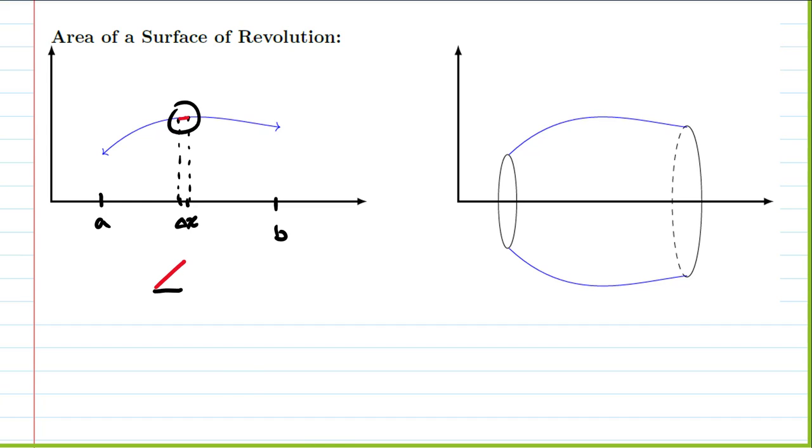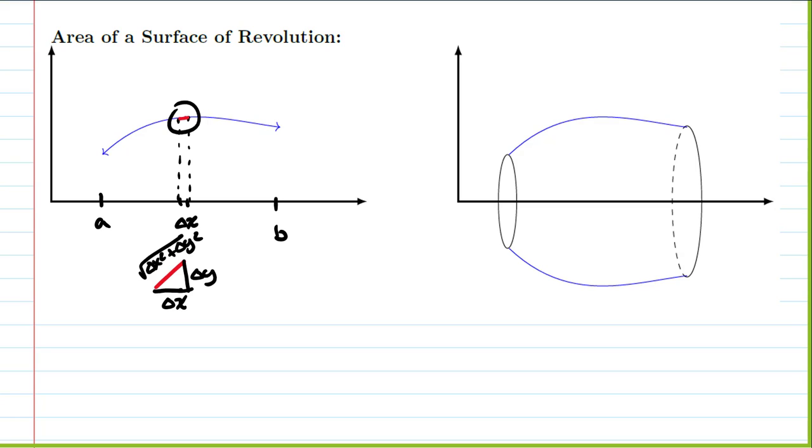So zooming in on that, if we had a little strip that looked like this, we had our delta x and our delta y, which told us that the length of the hypotenuse was the square root of delta x squared plus delta y squared. That was the arc length formula that we did in 8.1. So we can figure out what the length of one of those pieces is.